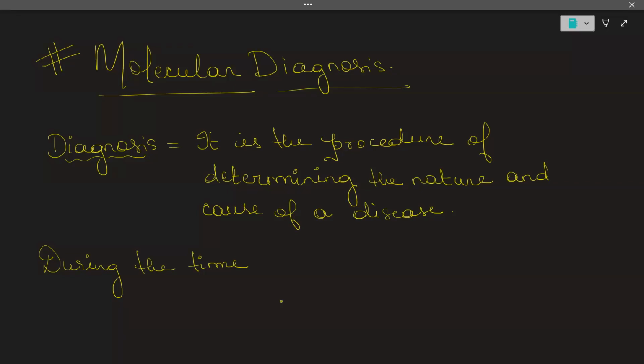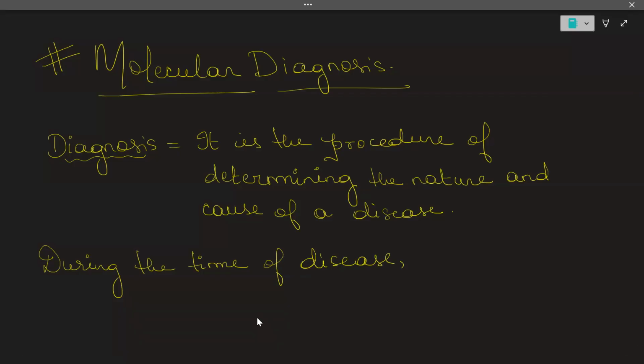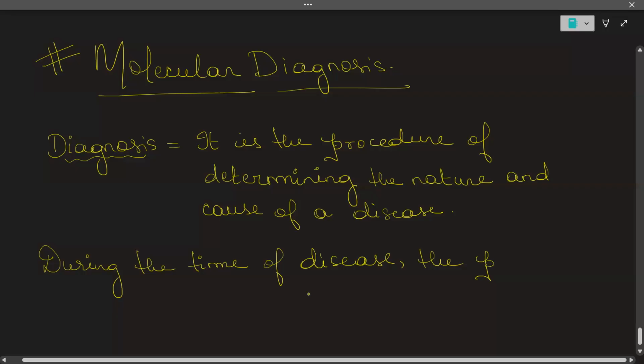So during the time of disease, the presence of pathogen can be suspected only when the symptoms are produced, right?